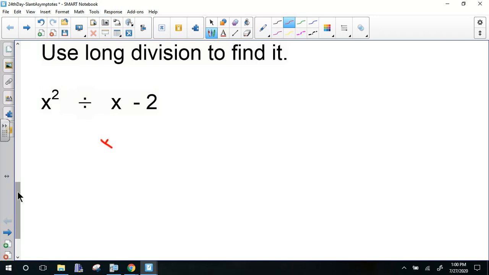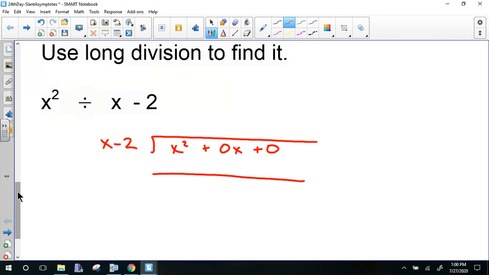So if we take x minus 2 and divide it into x squared plus 0x plus 0, putting in our 0 placeholders, what do we multiply x by to get x squared? We multiply by x. X times x is x squared. X times negative 2 is negative 2x. We put that in parentheses and subtract.